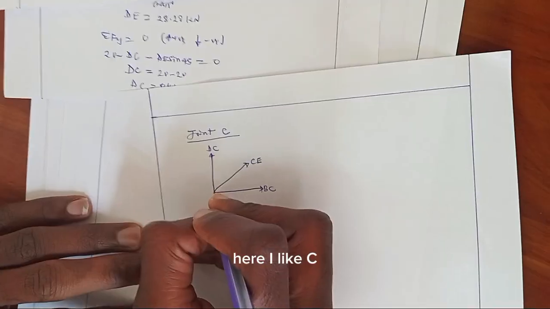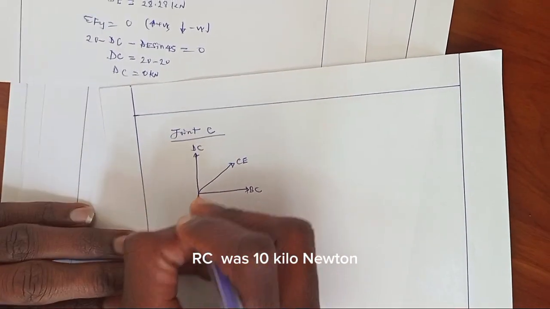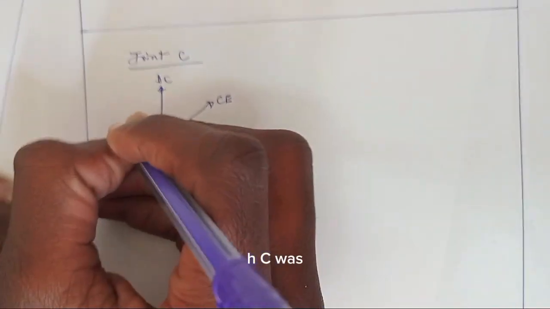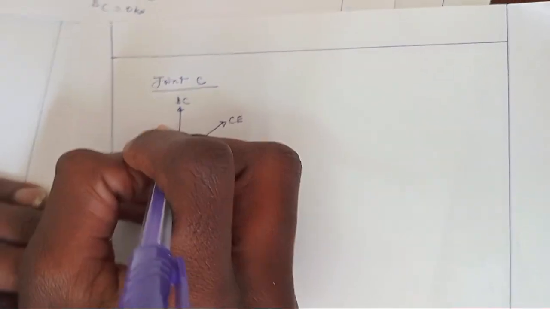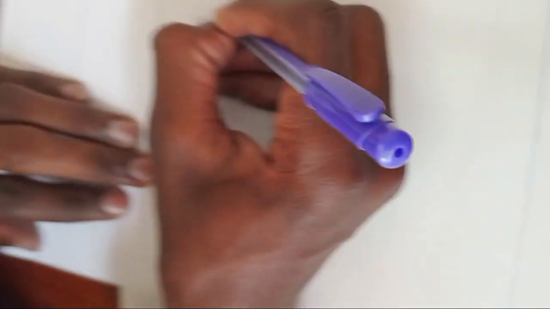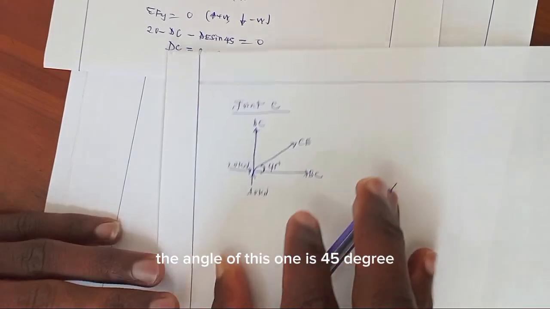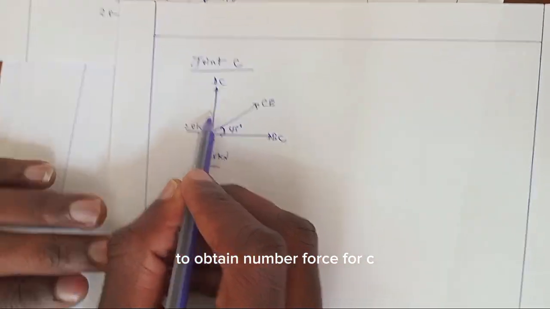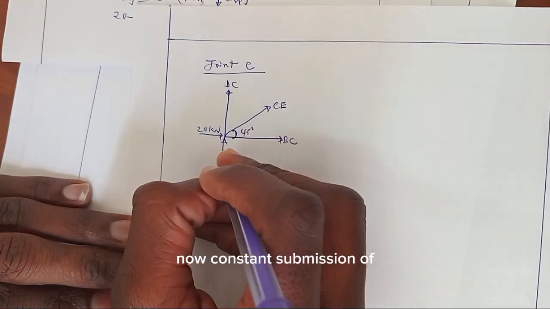Here RC was 10 kilonewton. HC was 20 kilonewton. The angle of this one is 45 degrees. Now, consider summation in order to obtain normal force for CE and BC.